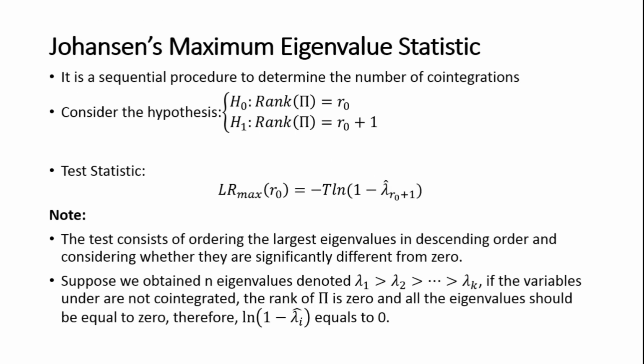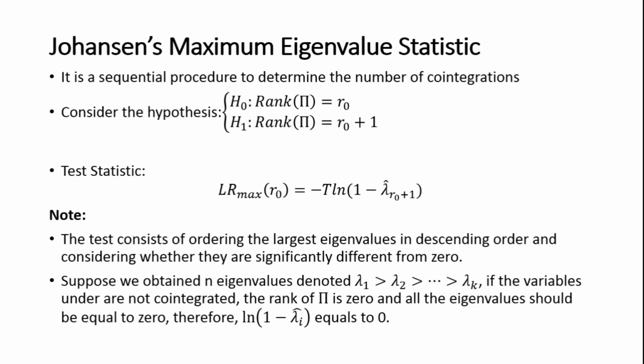The Johansen maximum eigenvalue statistic is a sequential procedure to determine the number of cointegrations. Consider the hypothesis H0: the rank of Π equals r0, against the alternative that the rank of Π is equal to r0 plus 1.